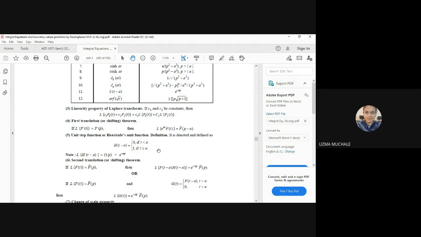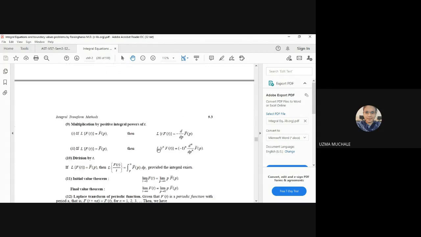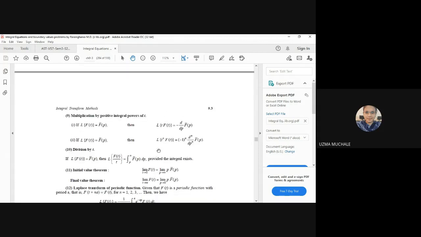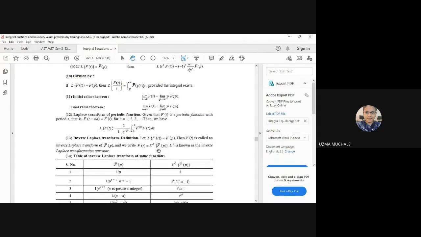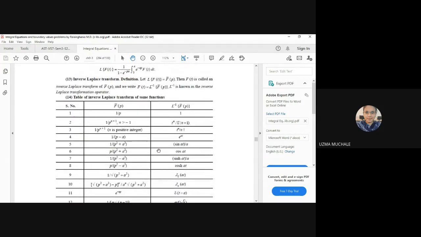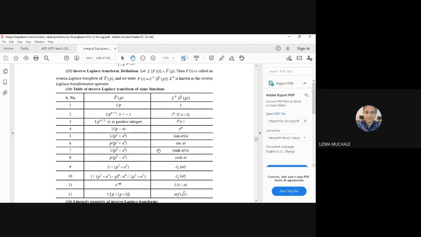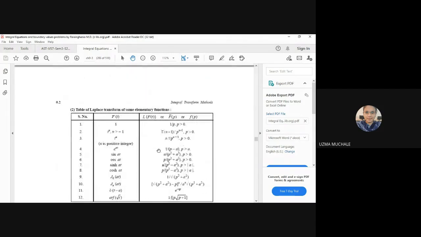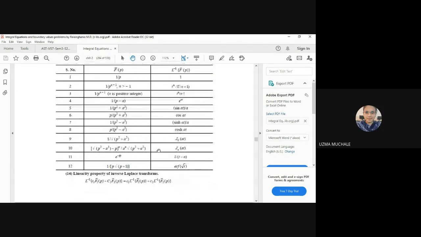These are the list of formulas: second translation, unit step, and then the Laplace transform of derivatives and so on. Next is how to find multiplication and division by t, and this is the list of inverse Laplace transforms. Simply the reverse of the table I have shown you here; the reverse table we have to write here. The inverse Laplace transform is also defined.